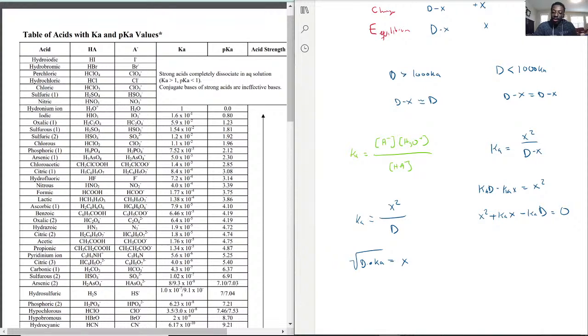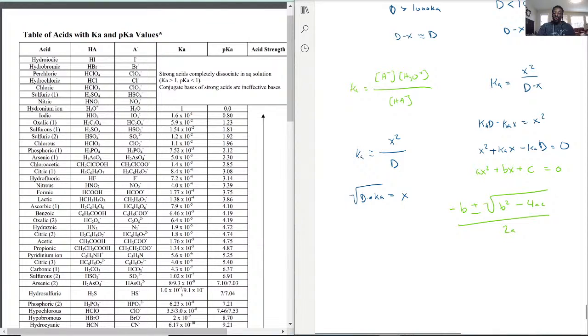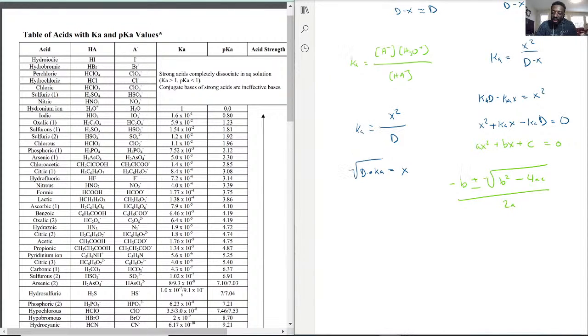Then use your quadratic formula, ax squared plus bx plus c. I'm really rushing through this, sorry. It'll be minus b plus or minus the square root of b squared minus 4ac, over 2a.